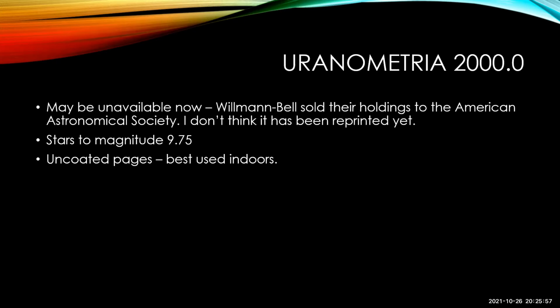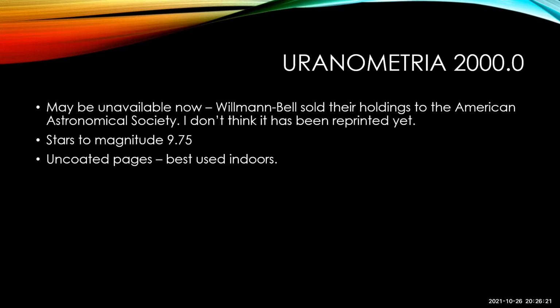And the AAS says they're going to start offering Willmann-Bell publications by the end of October. I checked this afternoon, and they aren't up there yet. This is a very popular atlas set, so I really believe they will be reprinted and offered, but they don't seem to be out there quite yet.